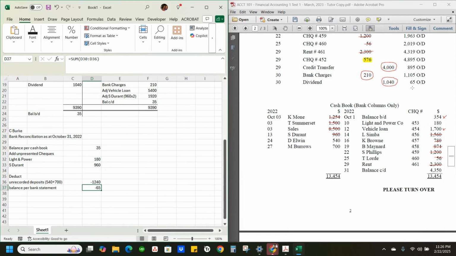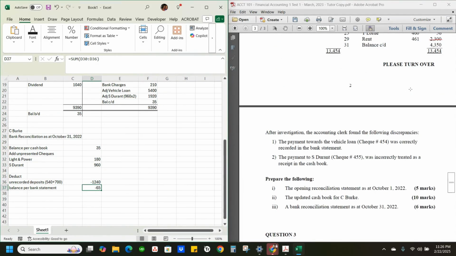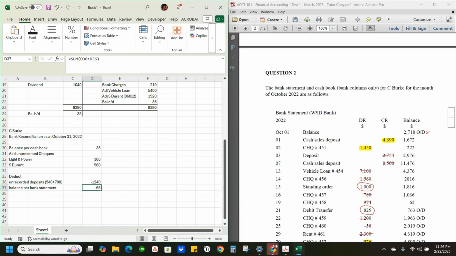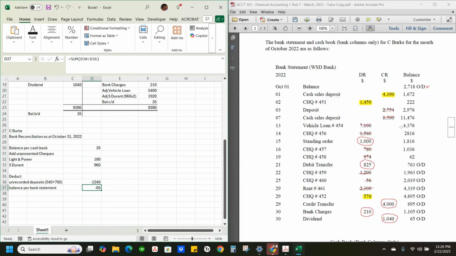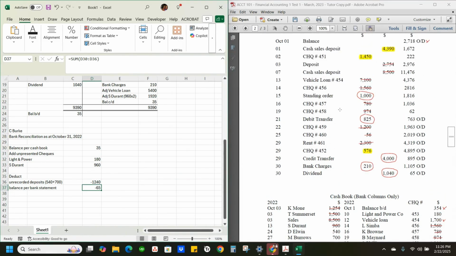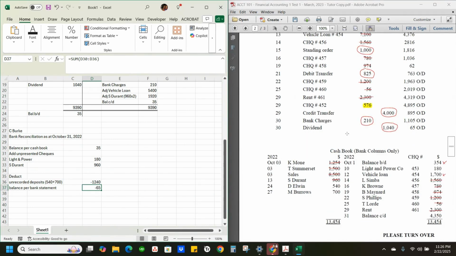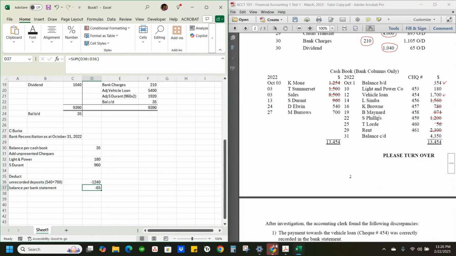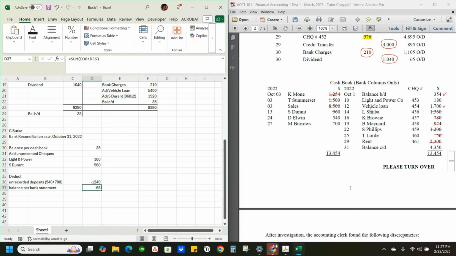So we did a wonderful job on this question together. So that's it. So to summarize, we were able to complete our opening reconciliation. And remember, we had to do that because the opening balances differed on the bank statement and the cash book. So we corrected that. We checked the information from our bank statement against the cash book, and we were able to identify what we needed to include in our opening reconciliation and updated cash book, and also the month-end bank reconciliation.